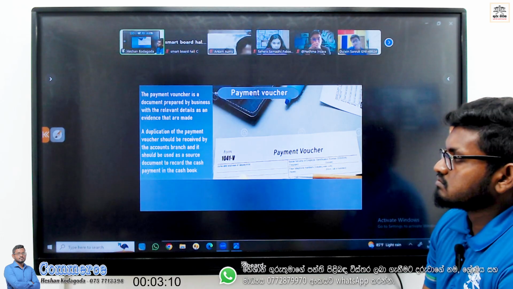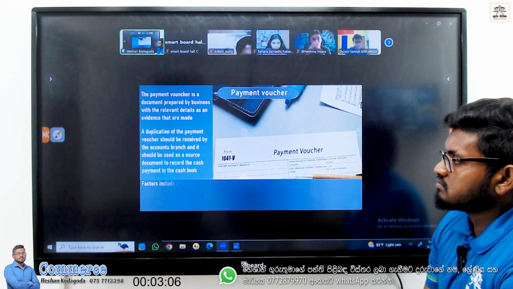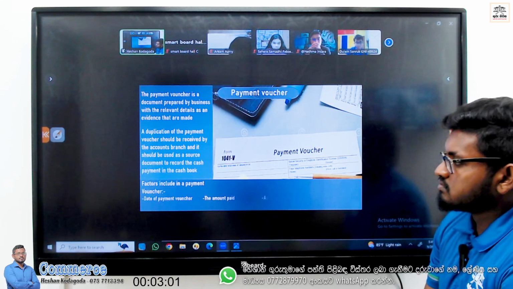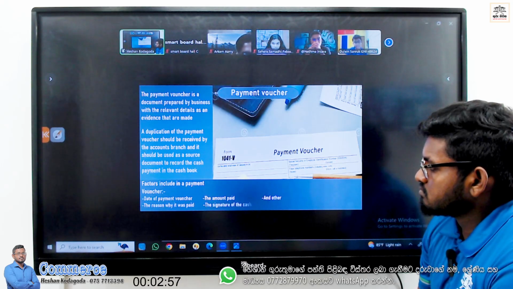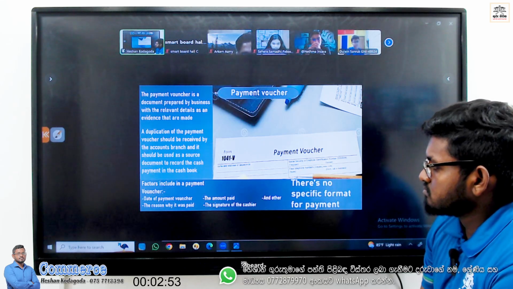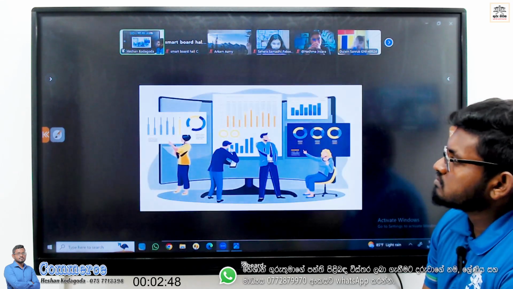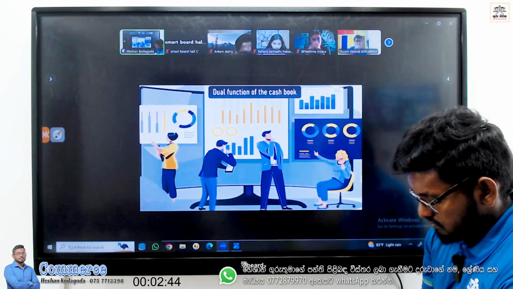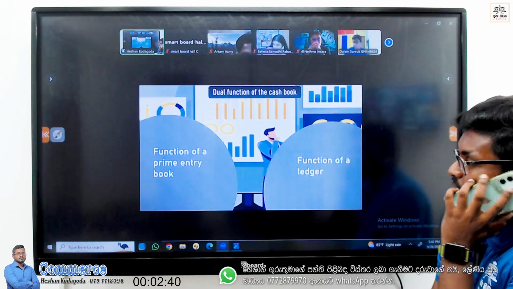Some factors should be included in the payment voucher: date of payment voucher, the amount paid, the reason why it was paid, the signature of the cashier and other. And there's no specific format for a payment voucher. If we talk about the dual functions of the cash book, it acts as a function of a prime entry book and a function of a ledger.